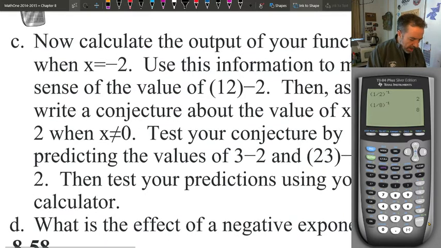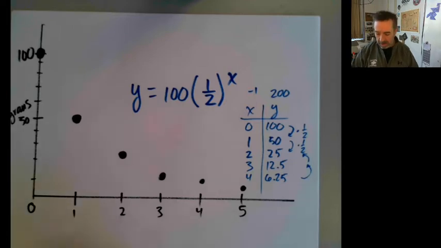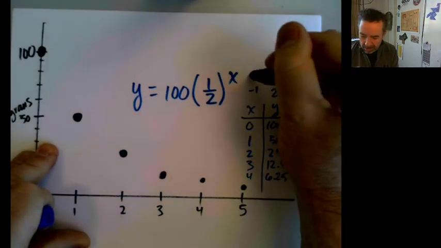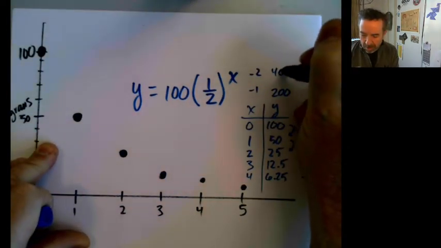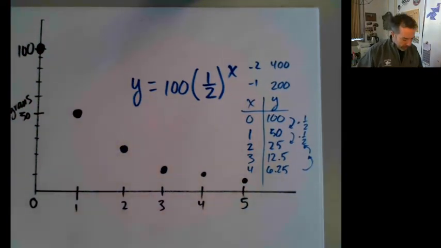So now it says, calculate the value of your output of your function when x is -2. Well, if I just follow this pattern back, if I go back one more, I'm totally expecting that if I hit -2, I'm going to get the number 400 for that function.